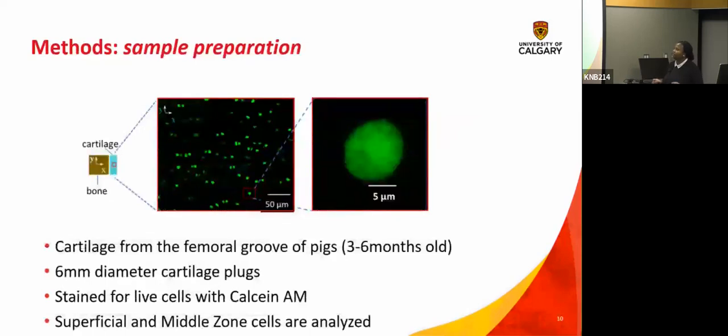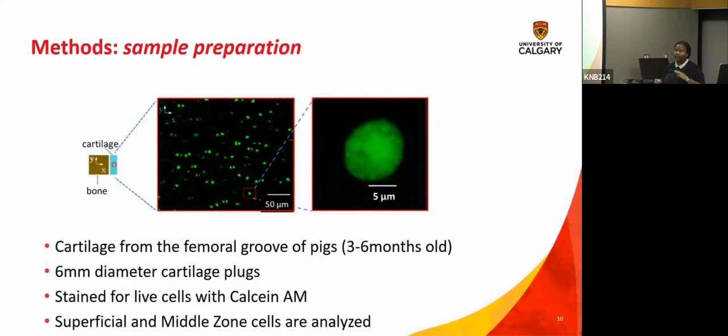So with respect to the methods, for the sample preparation, we take cartilage specimens from the femoral groove of pigs. These are young pigs. Then we take a 6mm diameter plug and split it into two.